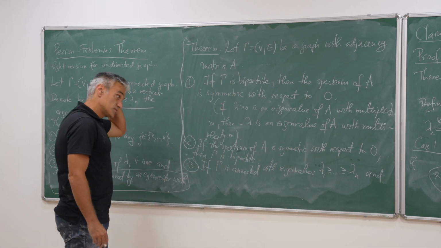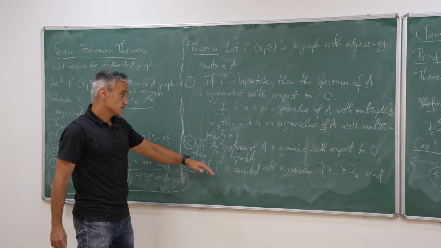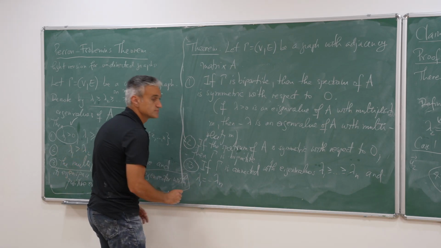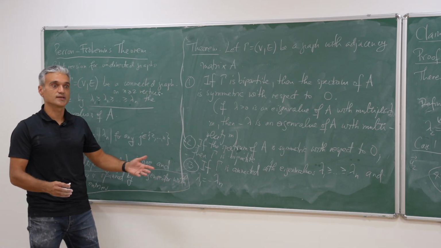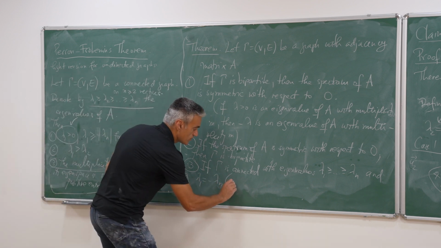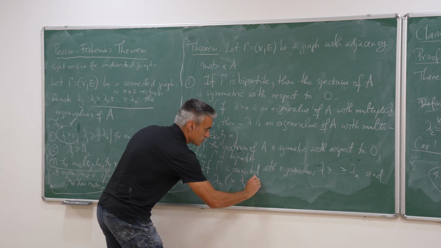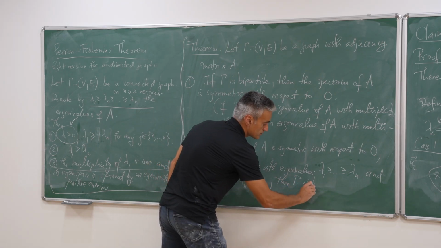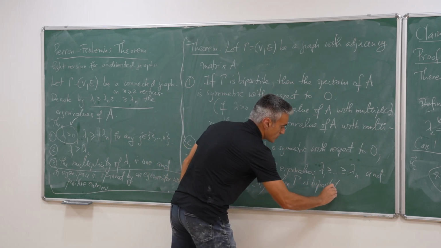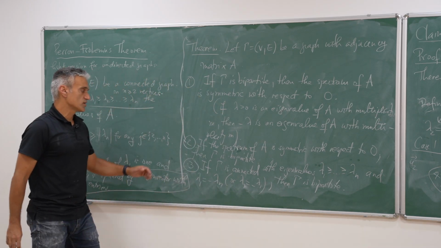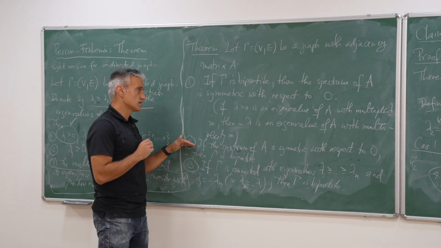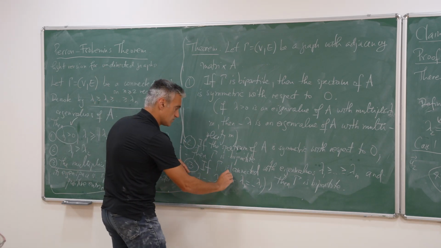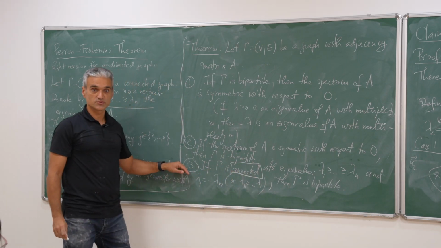Well, if gamma is connected with these eigenvalues, and lambda 1 equals minus lambda n, or you can say it the other way, lambda n equals minus lambda 1, then gamma is bipartite. But you have to be careful when you apply these results, because in the first one gamma is anything, while for the third you need to use connectedness.